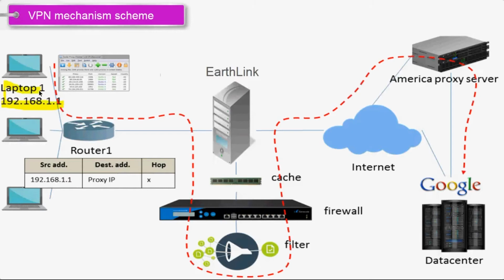Assume we have one scenario. Assume that we want to go to Google, and this is a data center for Google. This is the website of Google. So we want to go to Google.